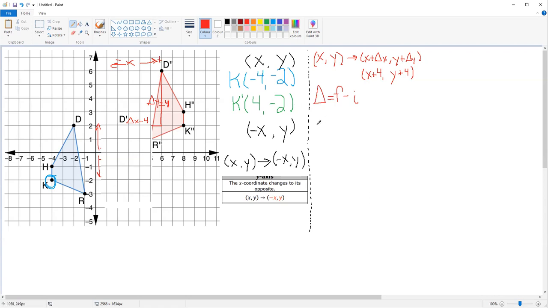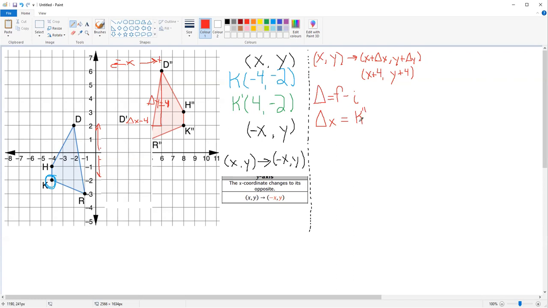So if we're going to find the change in our x value, we have the K to deal with. We know the final is K double prime.